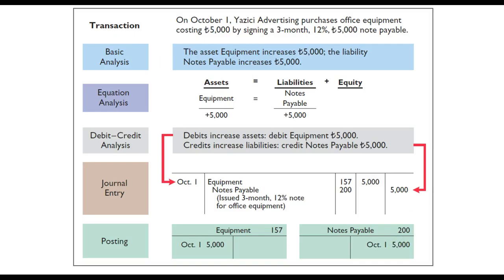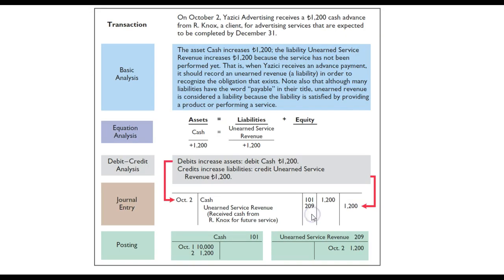Then we bought office equipment. The journal entry, debit equipment goes up. And I gave a note in this case, so my liabilities go up, a credit to the liability. And again, post to the ledger and keep an ongoing balance of that ledger. Then we received $1,200 cash advance for advertising services that are expected to be completed.